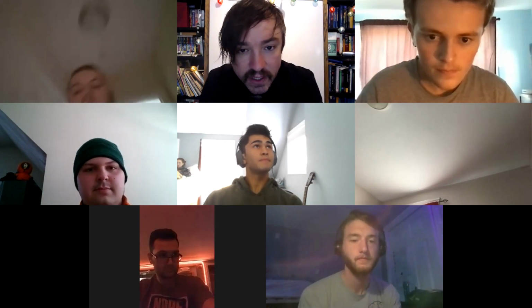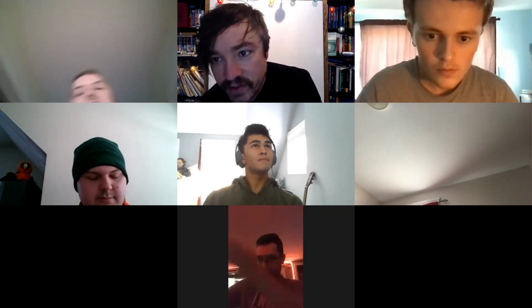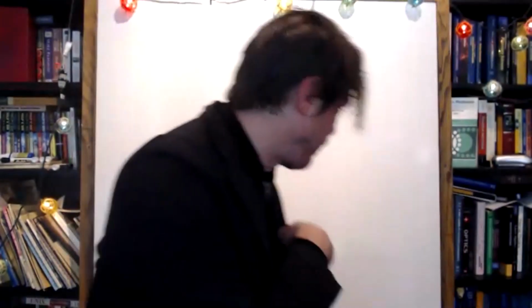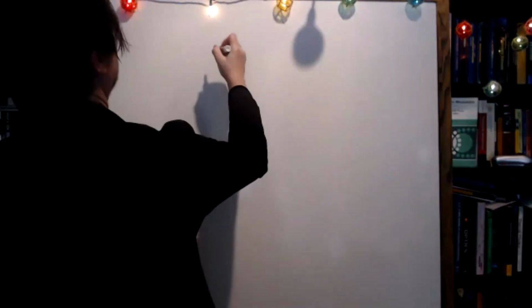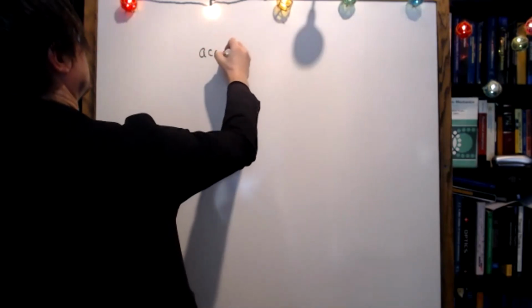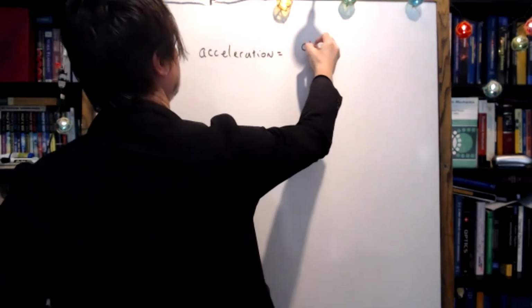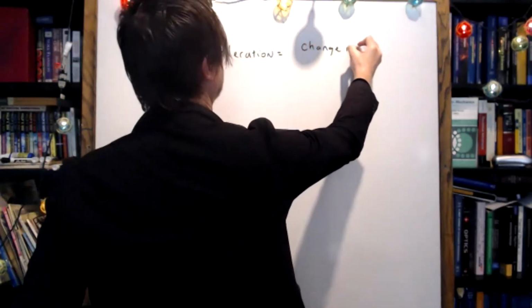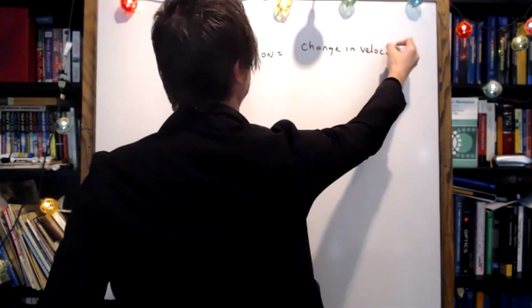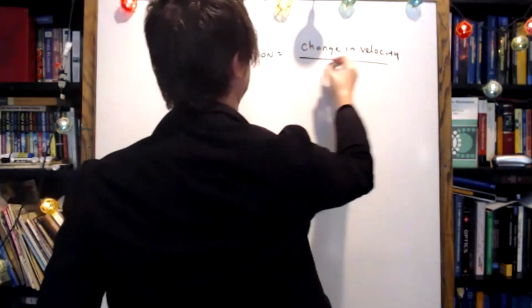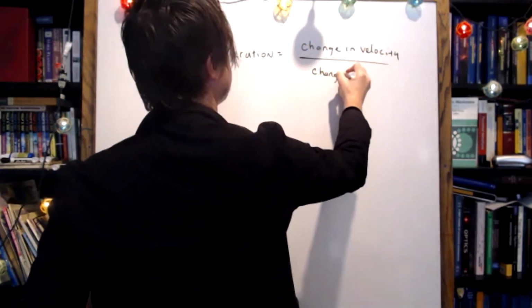All right, let's talk now about acceleration. And I started this last time, but we'll start where we were last time. An acceleration, you will remember, is a change in velocity divided by a change in time.